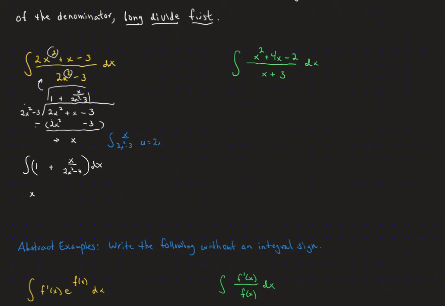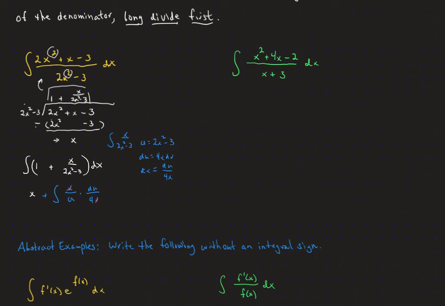So we'll say u is the denominator, du is going to be 4x dx, so dx will be du over 4x. So this will become the integral of x. We're going to call that denominator u, and the dx will be replaced by du over 4x.